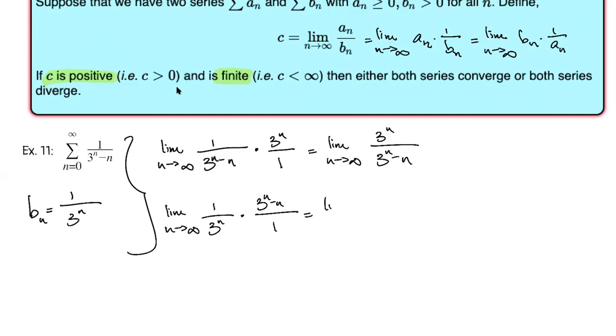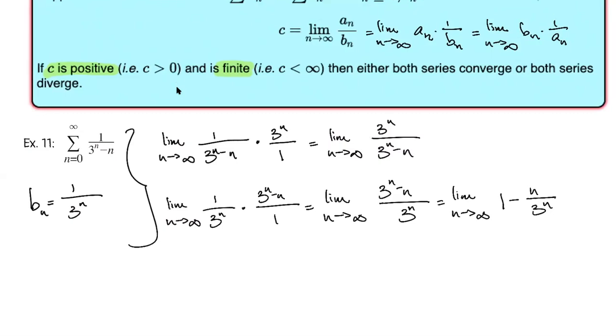And the reason why I chose to do it this way, though again, it doesn't matter, is because when I combine my fractions, I get to a situation where I can actually split it, so I get 1 minus n over 3 to the n. So it just allowed me to do a little bit more algebraic simplification before I took the limit, but it does not matter. Okay, it doesn't matter which setup you use.